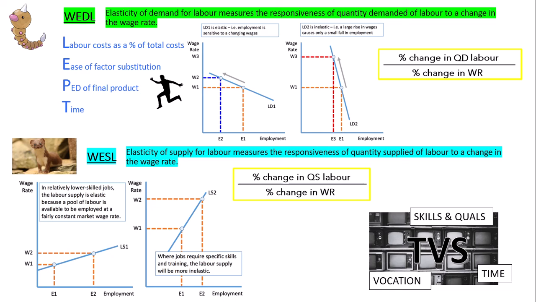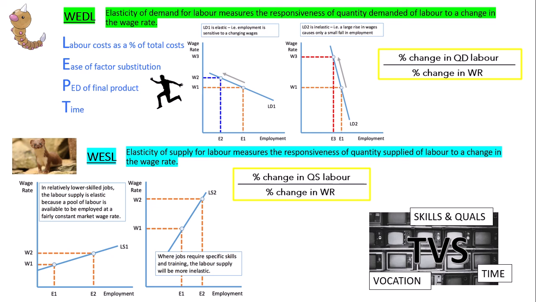Whereas if you look at LS2, like maybe that's a doctor, for example, obviously there's a lot of skills and qualifications required. So if the wage rate goes up substantially, you will not see a large increase in employment because not a lot of people have those skills and qualifications. And linking to time as well, it takes a long time to train to become a doctor, so therefore that increase in labour supply will not be rapid in response.